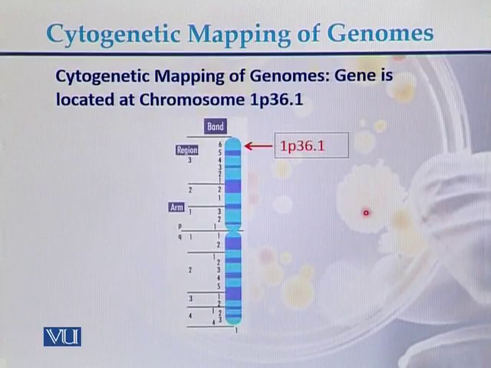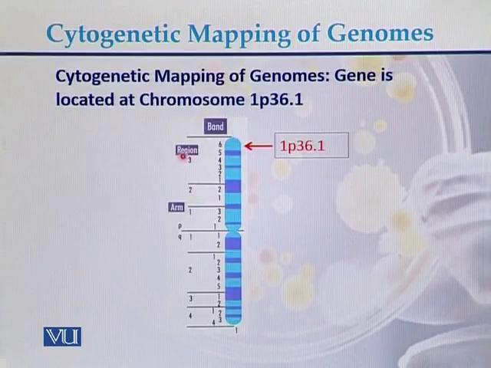There is another view of the cytogenetic map. Let's say we know a gene. The gene is located at chromosome 1p36.1. So how will we locate or identify the position of this gene? Here, these are the regions. This is the Q arm, that is the long arm of the chromosome. This is the P arm. 1 is the chromosome.